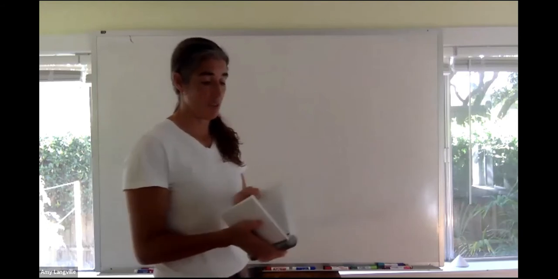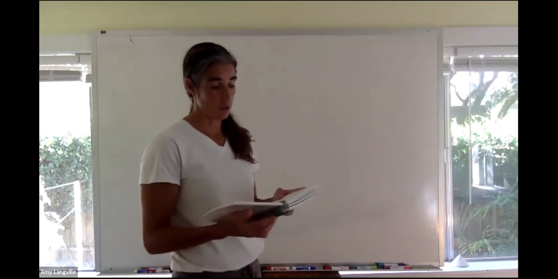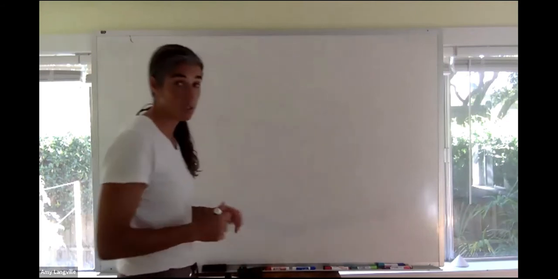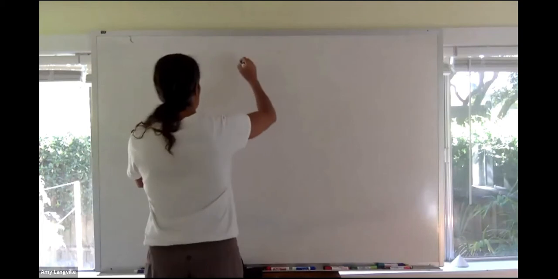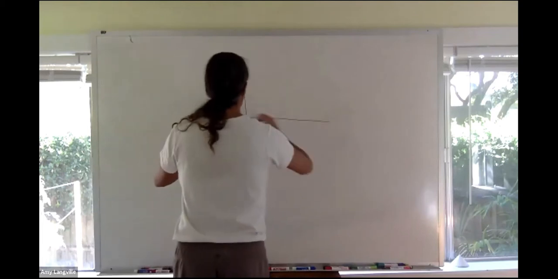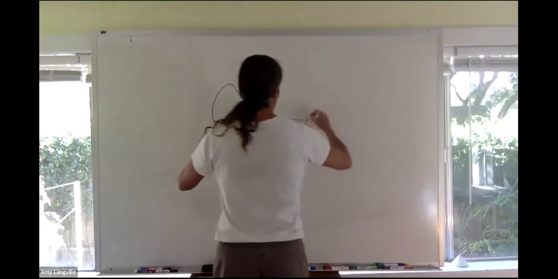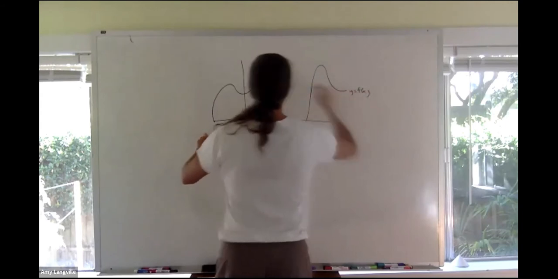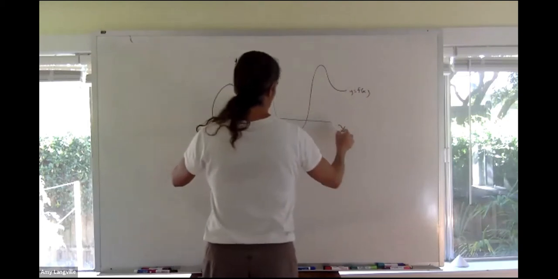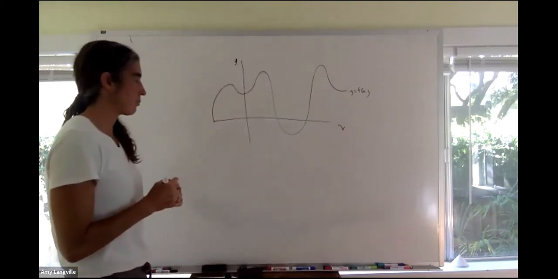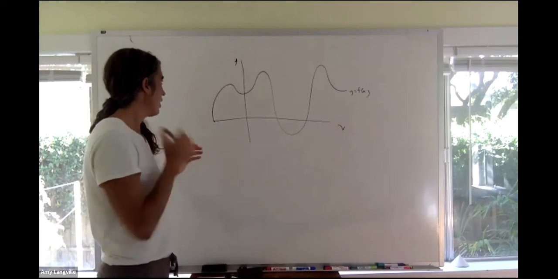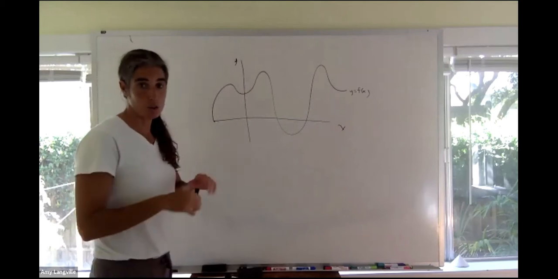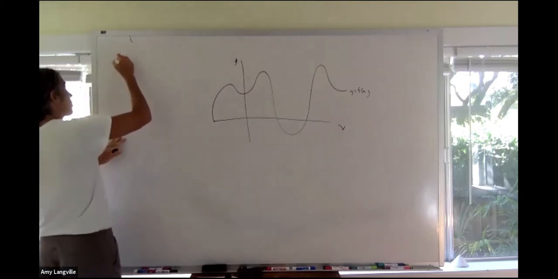So in the beginning of chapter 4, we see the word extrema, and there's a couple types of extrema that we need to distinguish between. Suppose I have a function like this. It's a continuous function. And we might ask questions about what are the global maximum, global extrema.